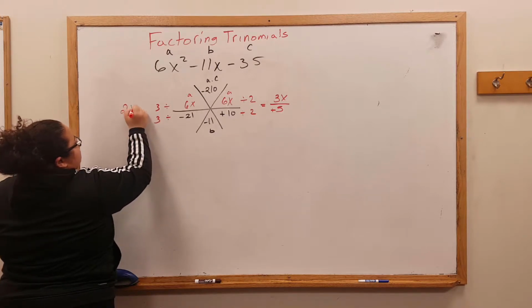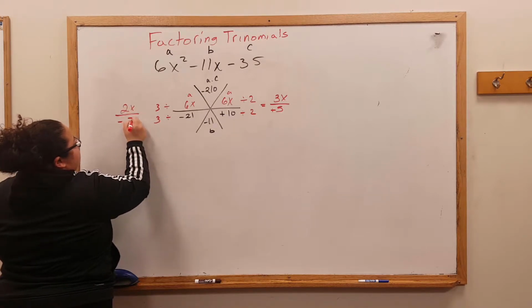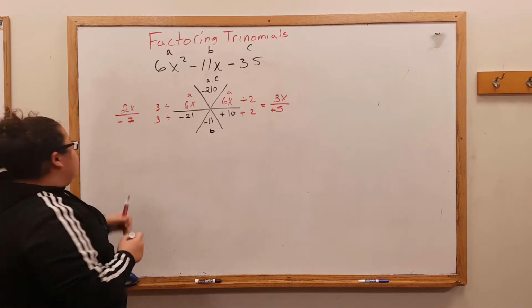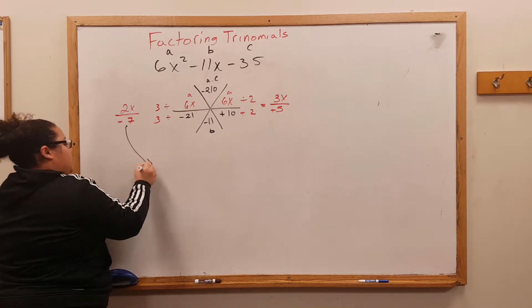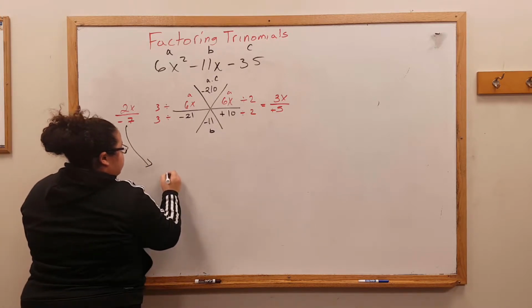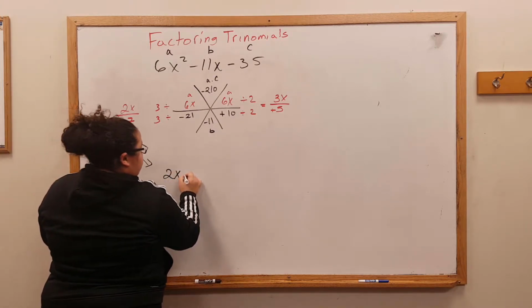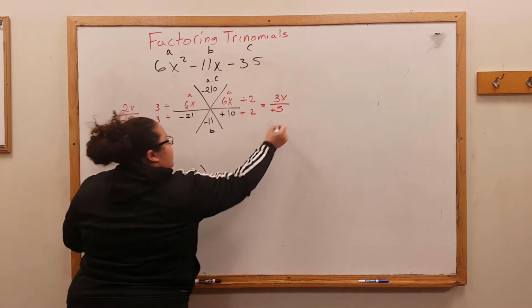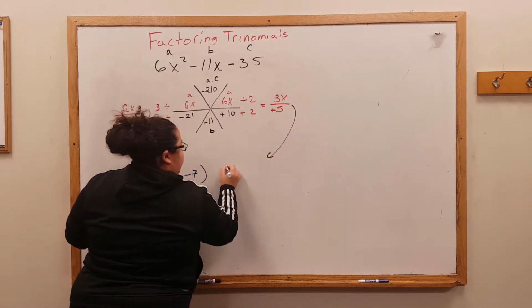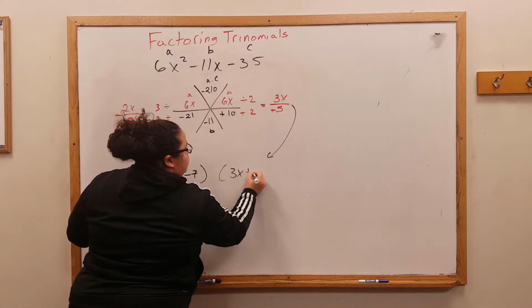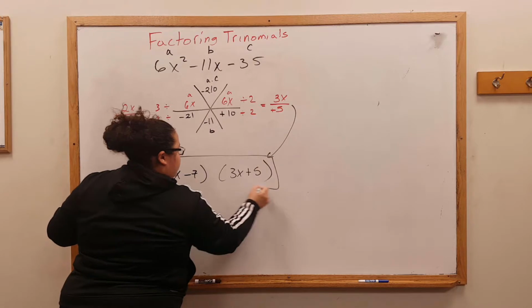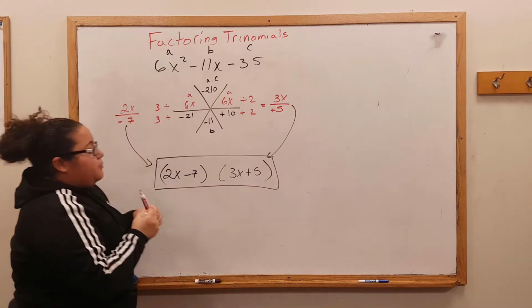So it would be 2x over negative 7. Now we're going to rewrite these as the answer, which is 2x minus 7 in parentheses. Don't forget your parentheses. And 3x plus 5. And that's your answer for this example.